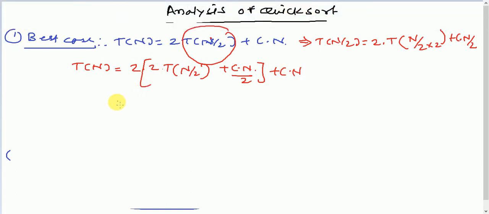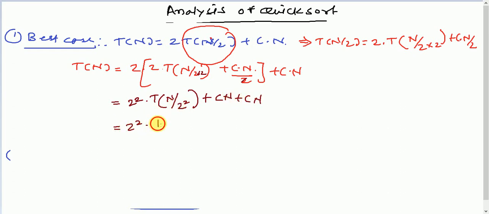And if I simplify it, I'll get 2 square, because 2 into 2, 2 square into t of n divided by 2 square, plus this 2 and this 2 will get cancelled, and I'll get c of n plus c of n, which is equal to 2 square into t of n divided by 2 square plus 2c of n.